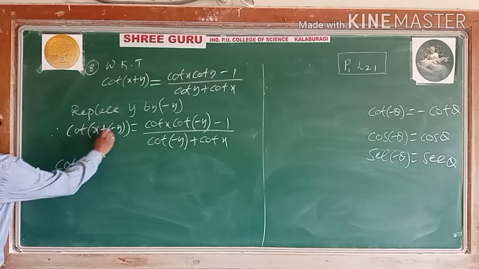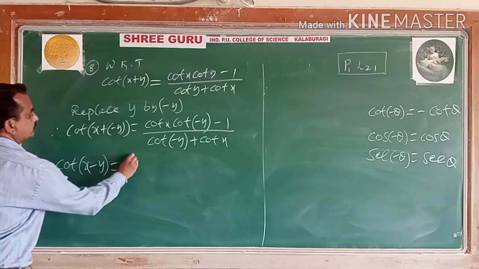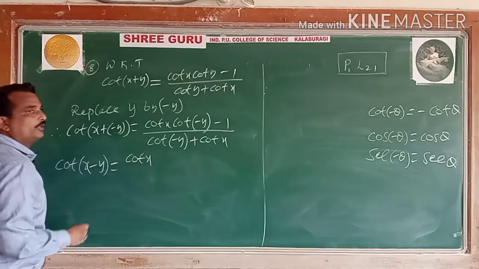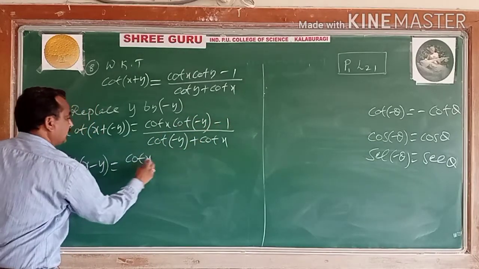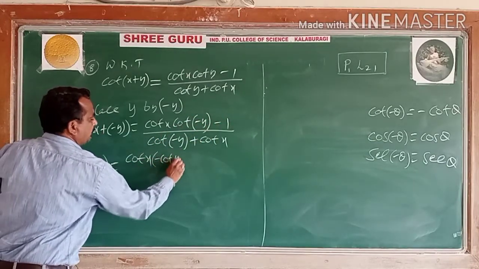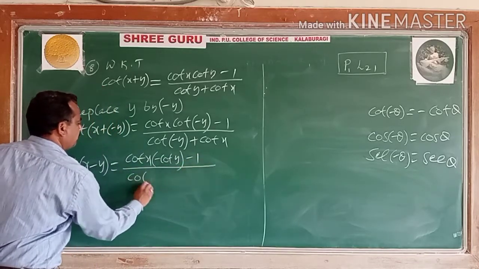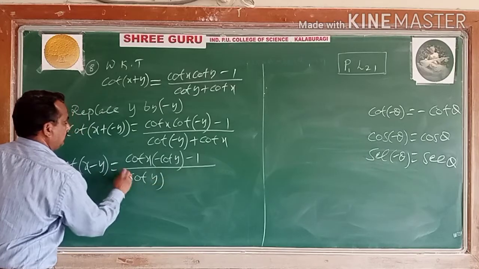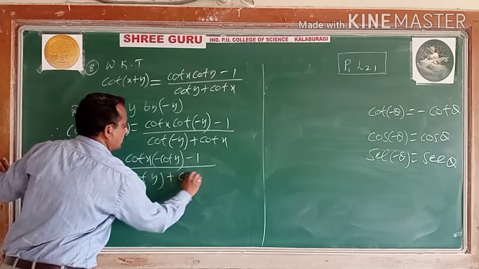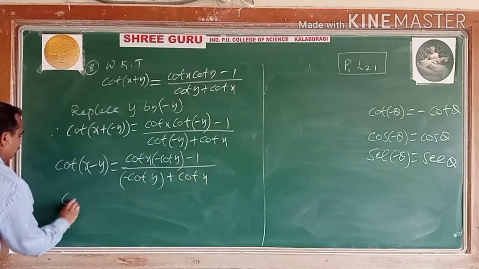Cot of minus y is minus cot y. What is cot of minus theta? Minus cot theta. This is minus of cot y, minus 1 divided by minus cot y plus cot x. See, students, what it becomes?